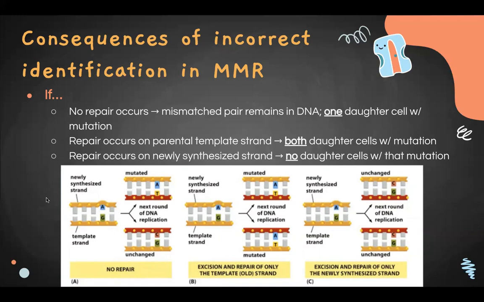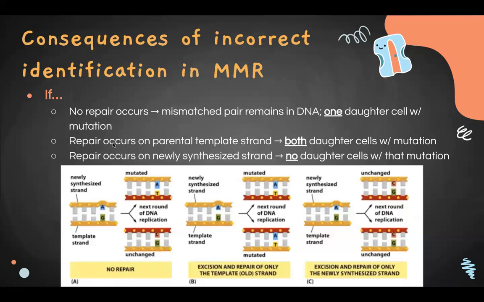In the next round of DNA replication, if these were mismatched and not repaired, one daughter cell is going to be unchanged and fine, but the other one is going to be incorrect. For this top one, the cell is going to think it is correct, because in reference to itself it is correct, since its parent strand came from a wrong parent from the previous round.